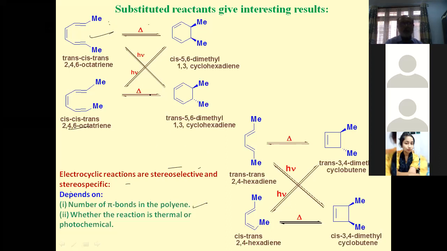If we generalize it, this is an odd number and this one is an even number. So when we take an even number, we get one type of product. So it is dependent on the number of pi bonds, and also on whether we take the reaction under thermal condition or photochemical condition.